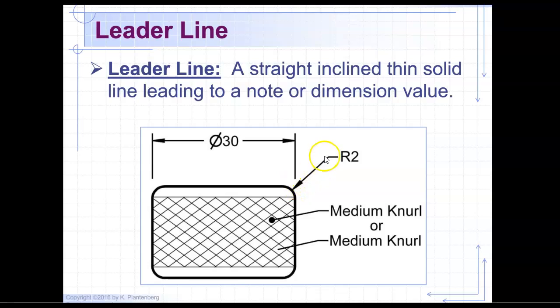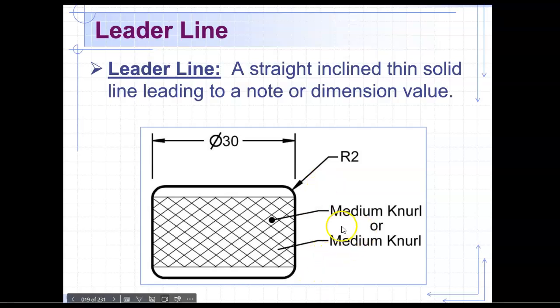It's going to come up at an angle and have kind of a tail on the side. Right behind that tail is going to be some type of value or note that gives you more information as far as what that leader line is pointing to. So we do have that.